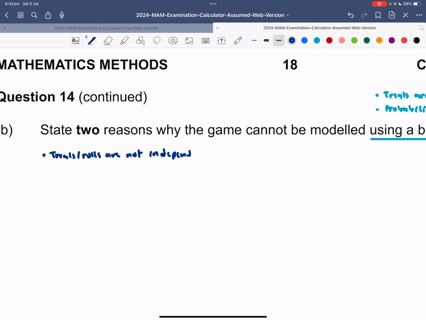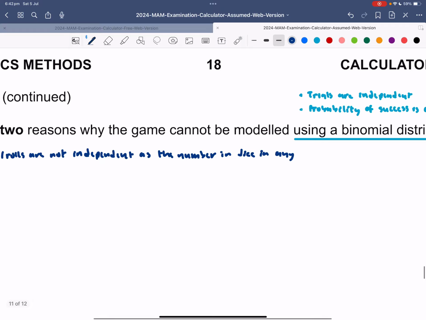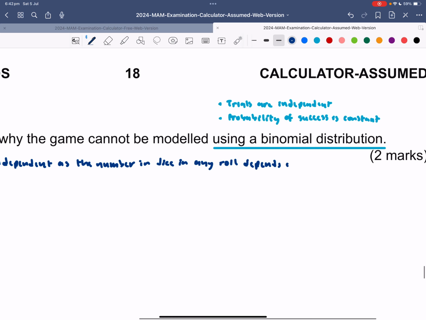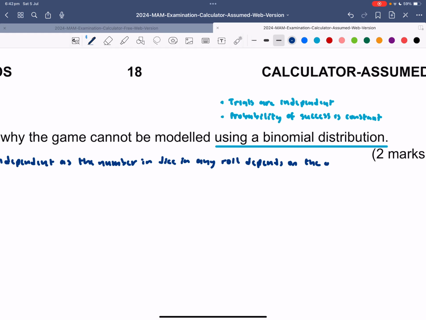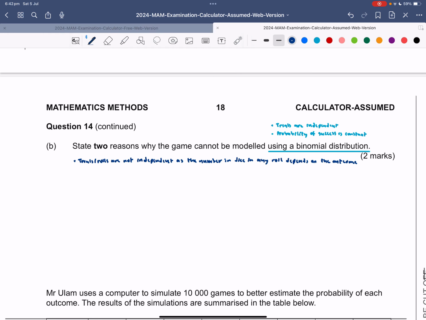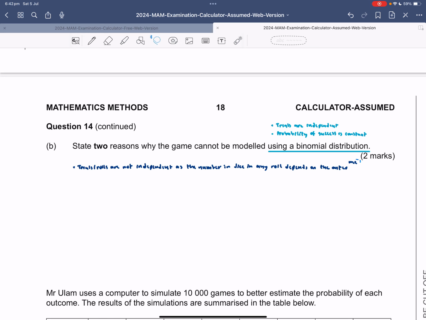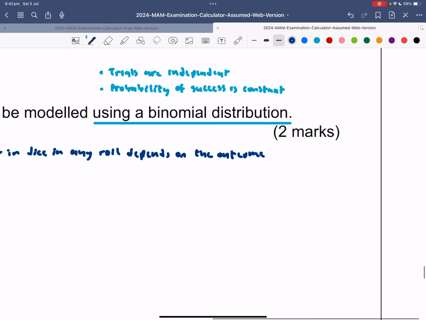A simple example is that the number of dice in any roll depends on the outcome of previous rolls. Maybe there's more dice, maybe there's less dice. So that's one issue, the outcome of previous rolls. We've broken one of the criteria, that it's not independent.